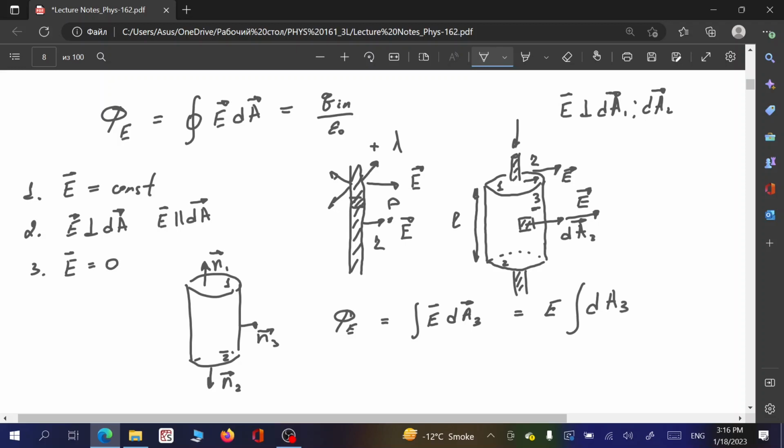I skip the vectors here because they are parallel to each other, so the cosine of angle 0 gives us unity. So we don't need to consider vectors anymore, only absolute values. Now we have a constant electric field, which we don't yet know, and that's our goal. We want to know what the electric field will be at this point P at the distance r next to the charged wire. What will be this part? Who will tell me?